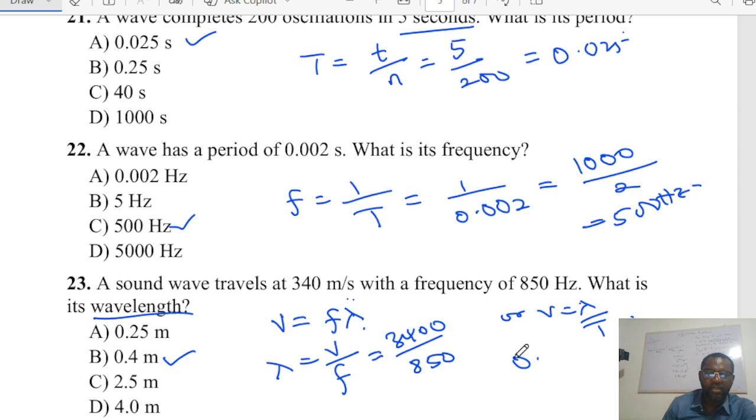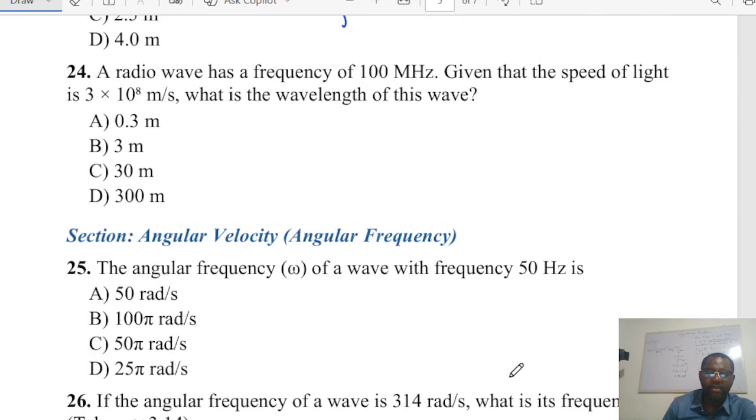Okay, so number 24, a radio wave has a frequency of 100 megahertz. Given that the speed of light is 3 times 10 raised to the power 8 meters per second, what is the wavelength of this wave? Writing out the parameters, the frequency is 100 megahertz. Mega means 1 million, so I can say 100 times 10 raised to the power 6 hertz.